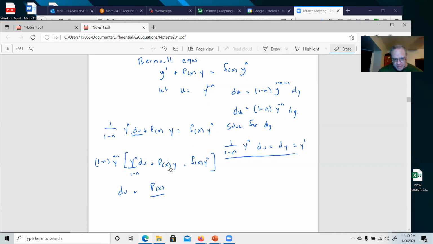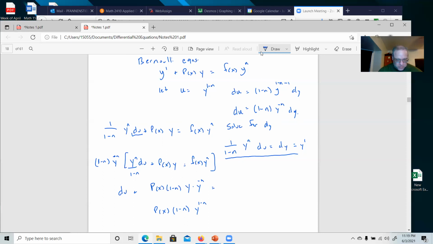Go ahead and make that a times a 1 minus n. And then we're going to have a y times y to the negative n, or 1 minus n. This is also going to be p of x, 1 minus n, and this is y to the 1 minus n. That's what we could say here.